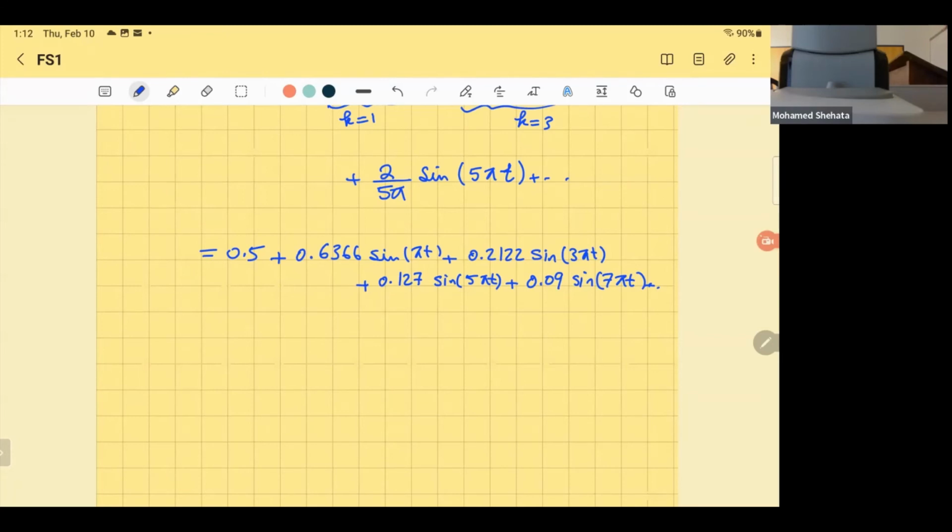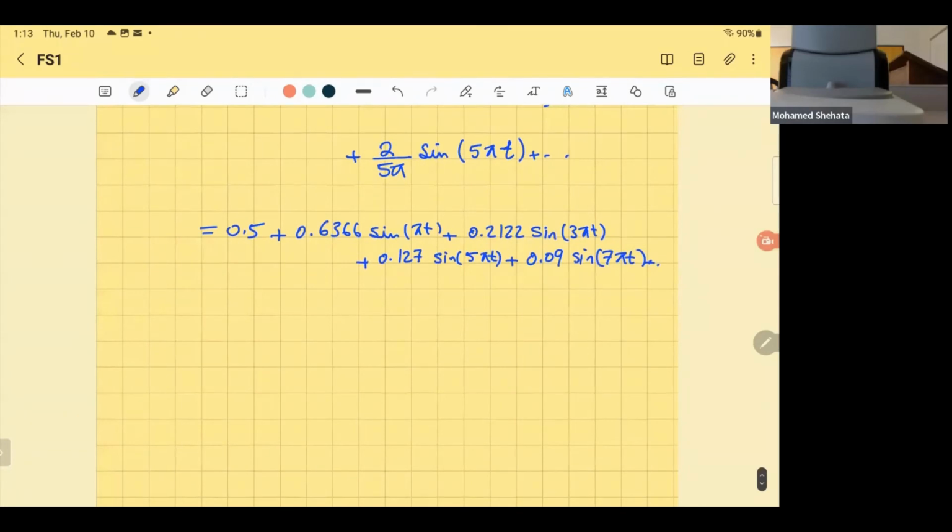And line spectra has two things: magnitude spectrum and phase spectrum, because any signal can be expressed in the end in terms of sine and cosine shifted. So there is one for the magnitude and one for the angle. In this case, I will just make the amplitude.